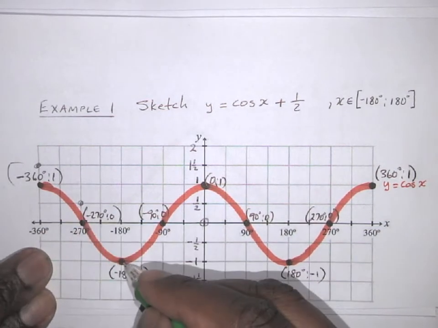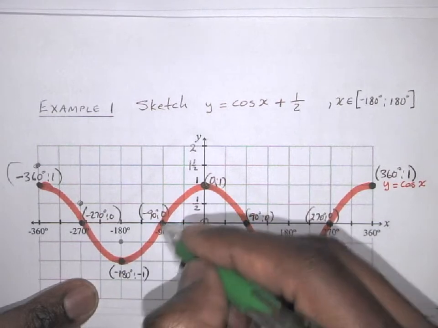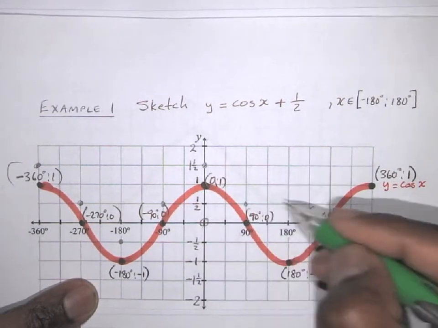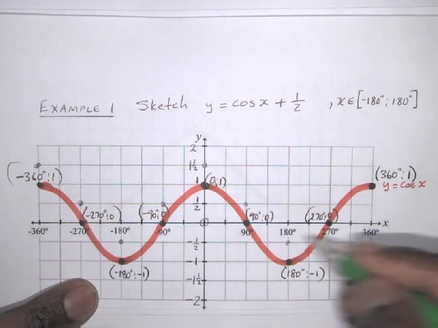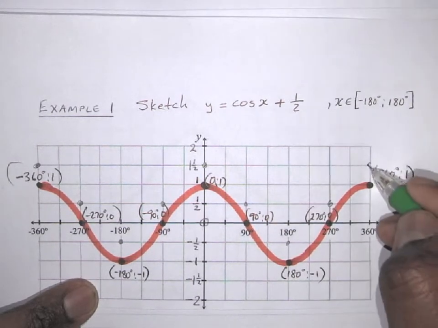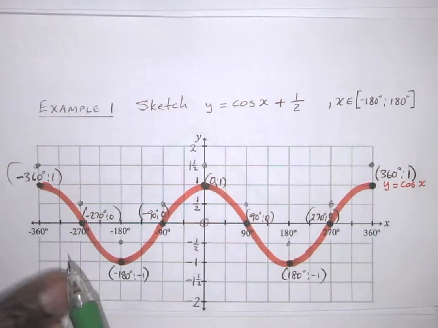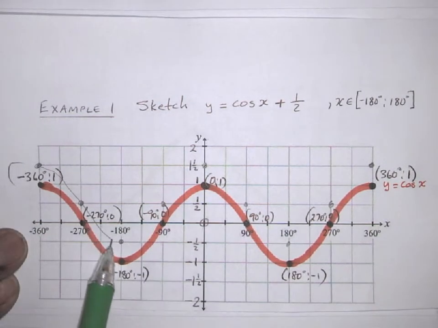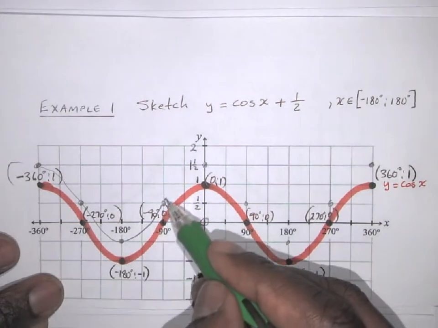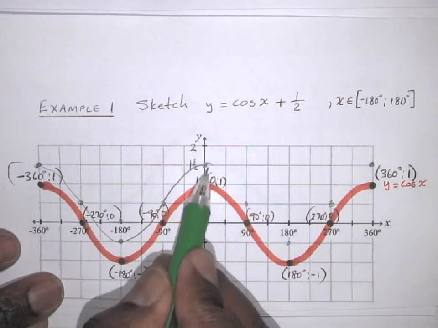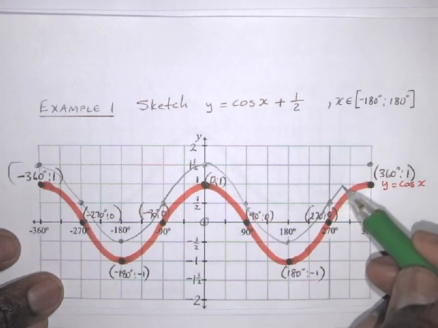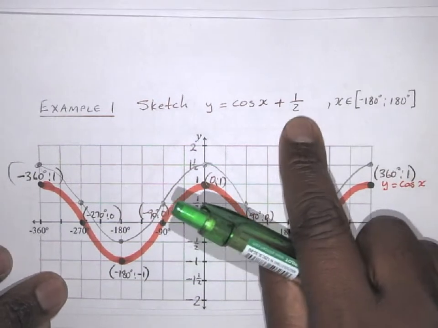It seems as if all of these points will be shifting up by half a unit. Which means that if I were to draw this graph, it will eventually look something like this, going there, and there, and there, if I shift by half.